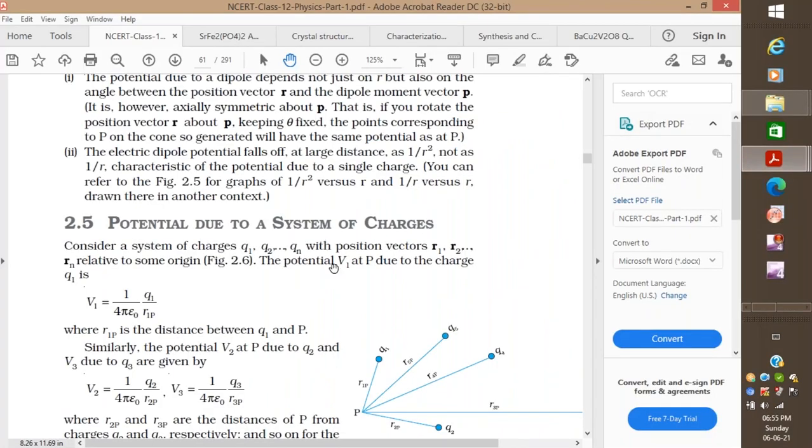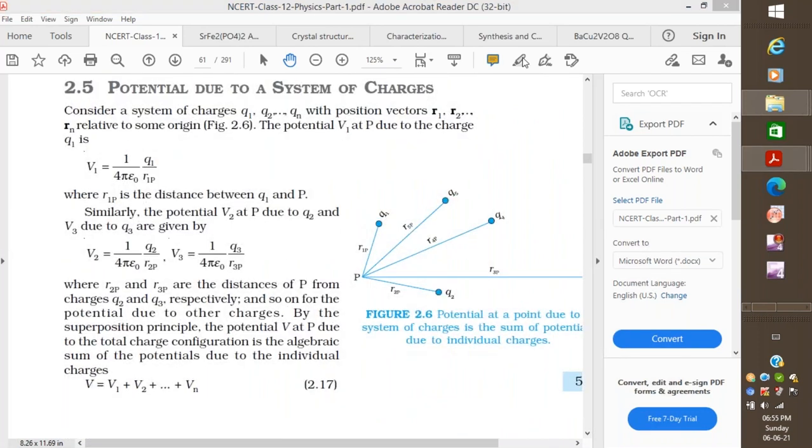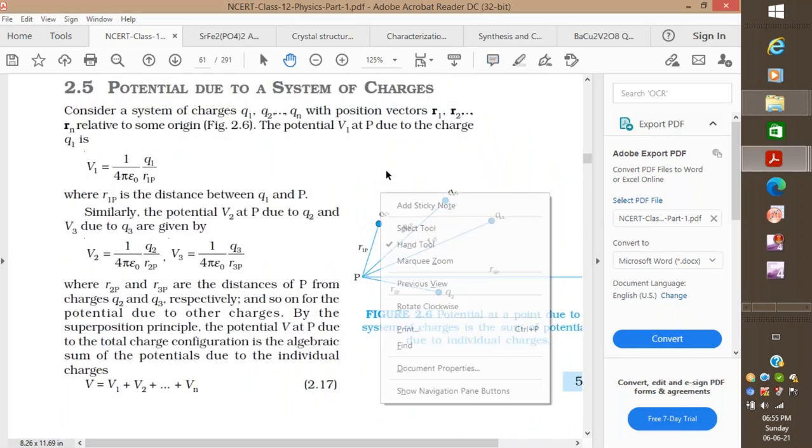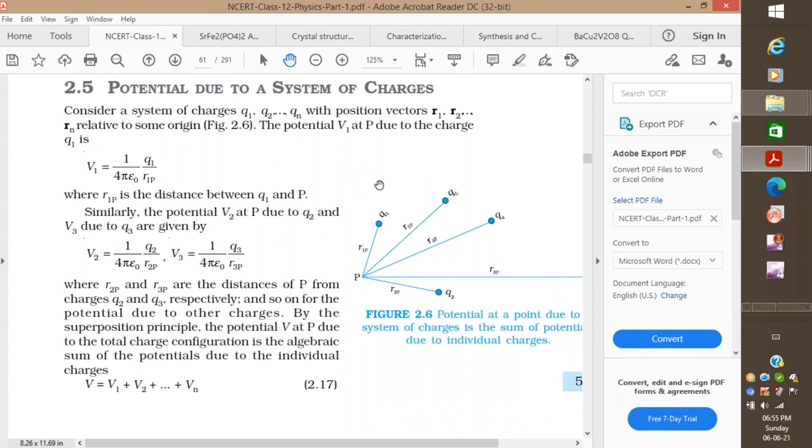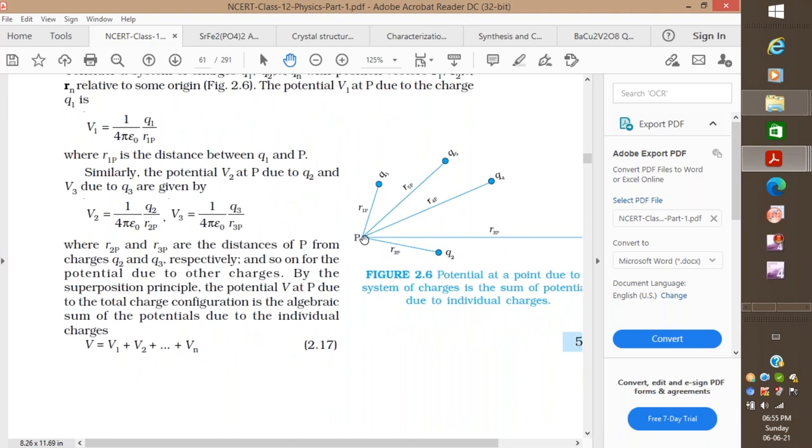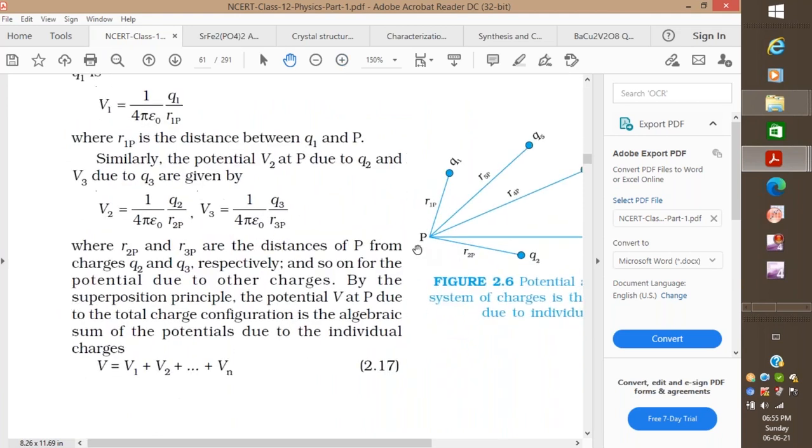So now we'll see when we have a system of charges. That means not only one charge or two charges, I have many charges. For that case also, you can calculate the potential separately. For charge 1, I can calculate Q1 by 4 pi epsilon naught R1P.